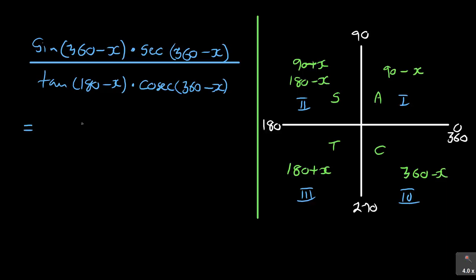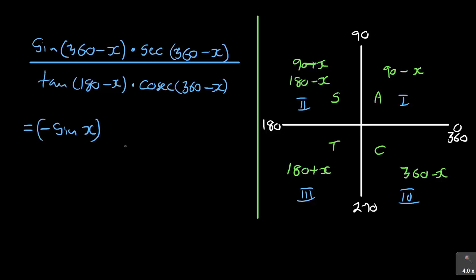When I look at the fourth quadrant, that's where I have 360 minus x, and you can see only cos is positive, sine is negative, and tan is negative. So my reduction rule therefore becomes minus sin x.